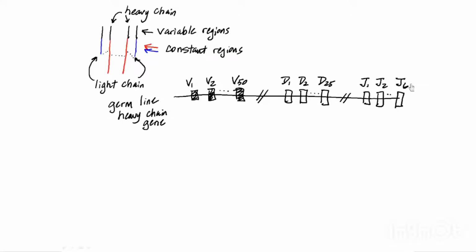Okay. So all of these are a little bit different, so I'm going to make them a little bit different. All right. So there's the heavy chain gene right up here. And as we described before, VDJ recombination picks one of the V regions, one of the D regions, and one of the J regions, and brings them together.